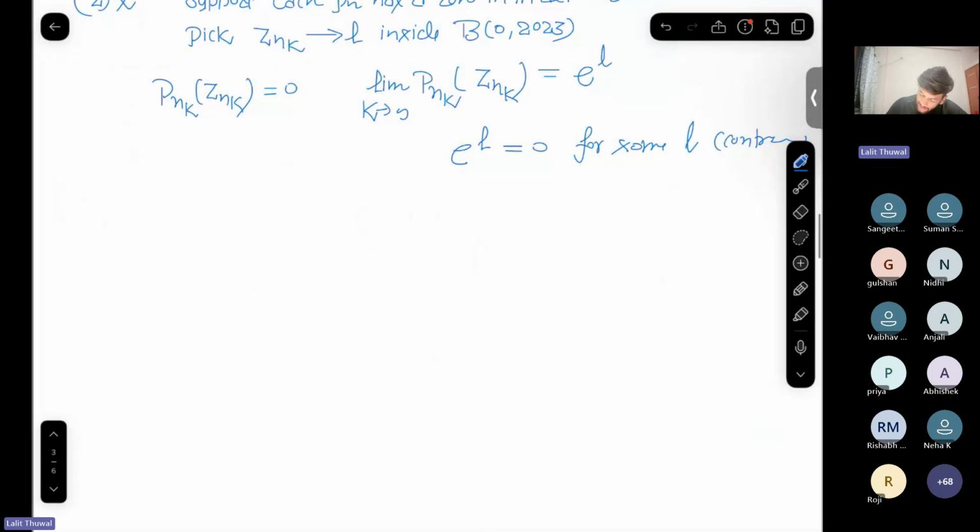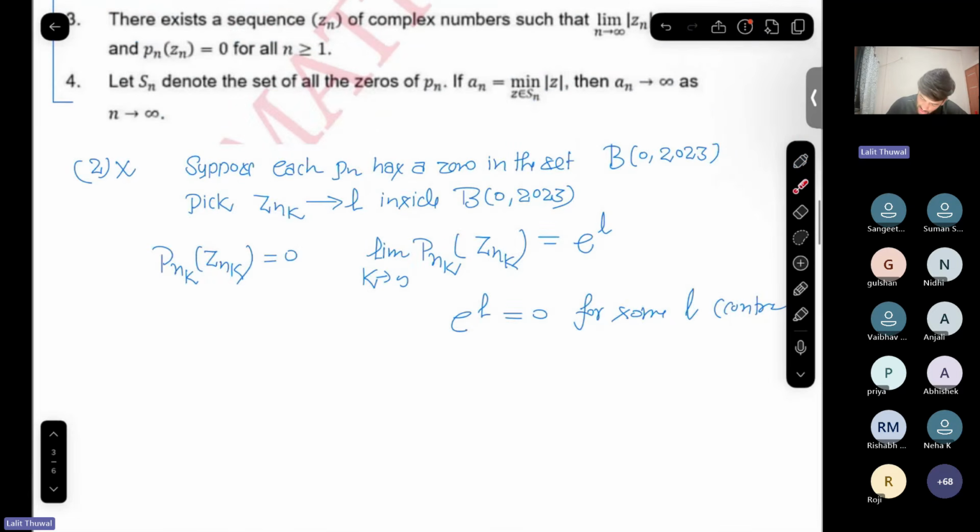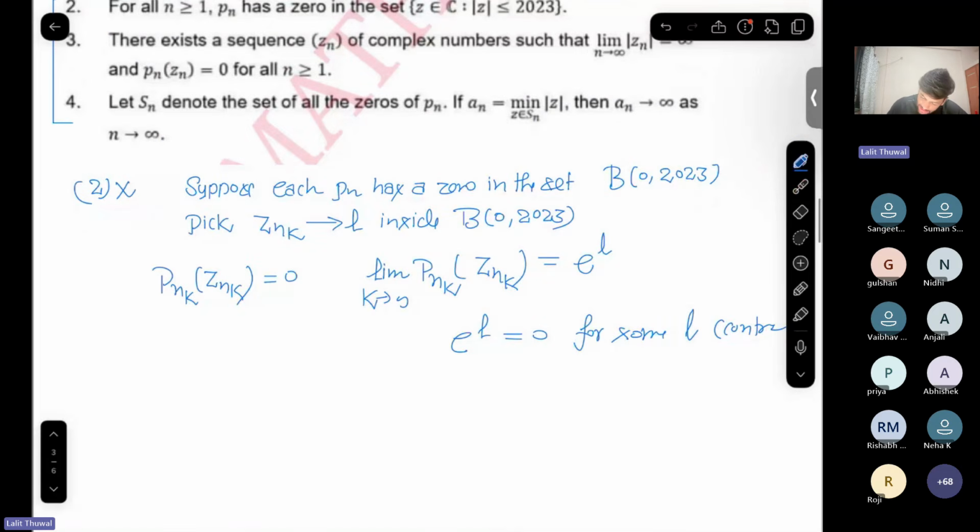Okay, so how to do that? Once you solve this one, then the third one can be easily solved.